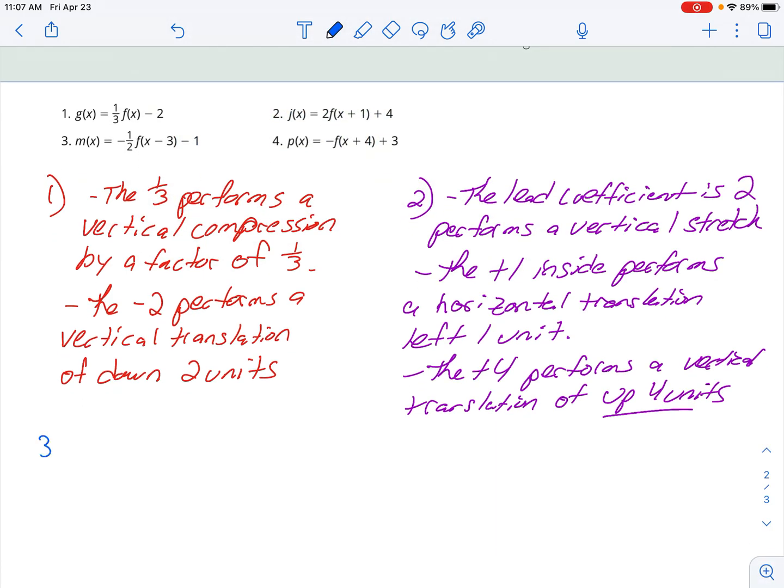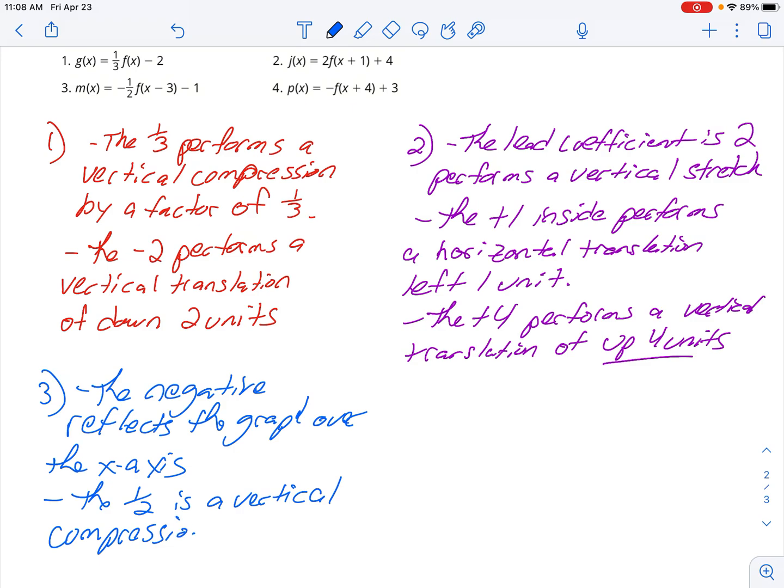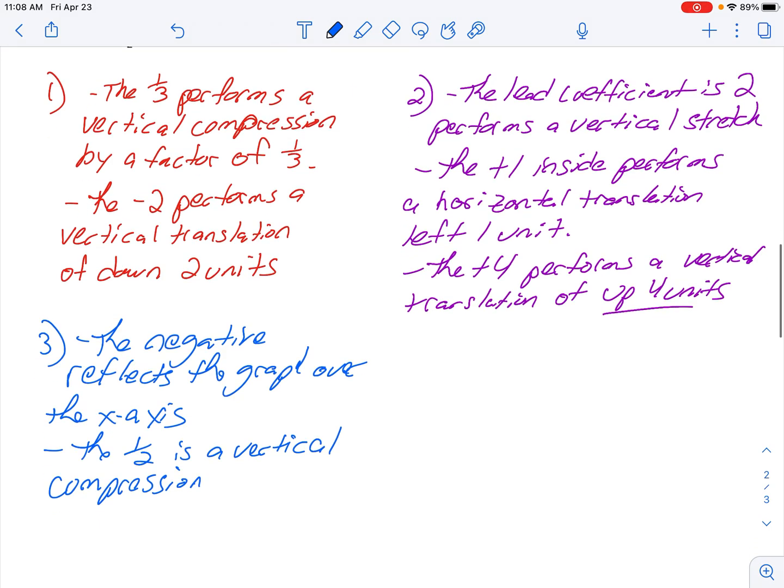Number 3, okay. First off is the negative reflects the graph over the x-axis. The 1/2 is a vertical compression by a factor of 1/2. So it's going to get flatter.